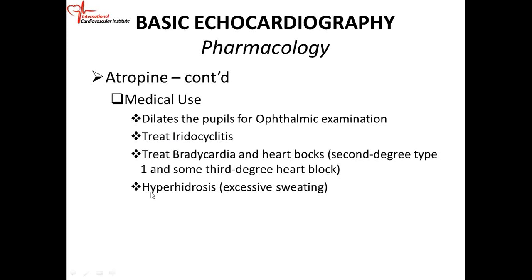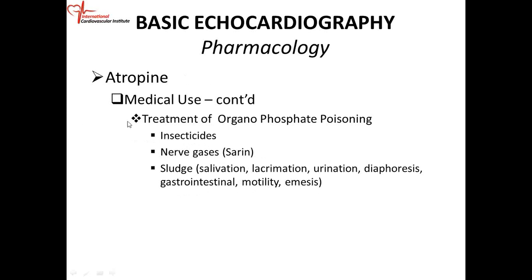And again, whenever you have excessive secretion, you can use your atropine. So hyperhidrosis, you can use it. Again, if you have organophosphate poisoning with, say, insecticide, nerve gases such as sarin, you can use atropine to drop the secretions.